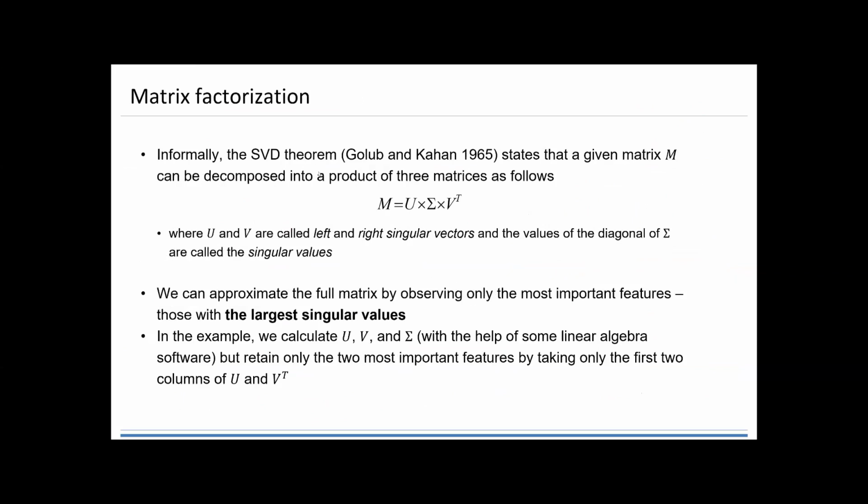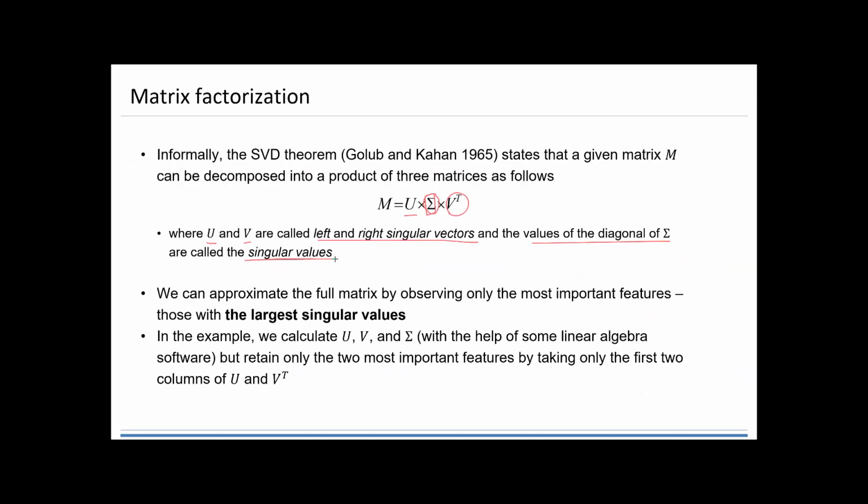So the SVD theorem states that a given matrix can be decomposed into three: U, sigma, and V transpose. U and V are the left and right singular vectors, and the values on the diagonal, the sigma, we call the singular values.